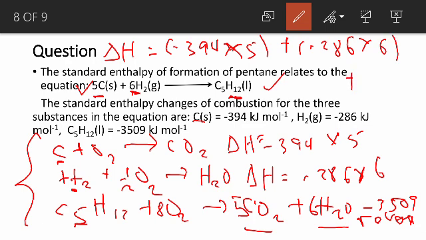So here we have minus 3509, but the reverse is going to be plus 3509. Okay, so we can use our calculator to calculate that, and if we do that, we are going to get minus 177 kilojoules per mole.